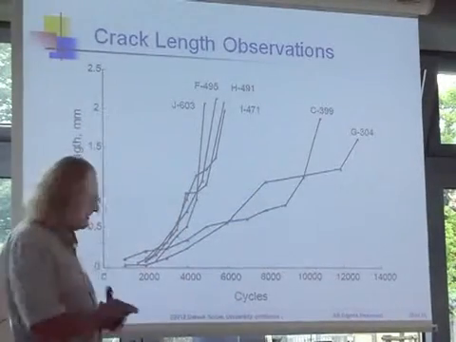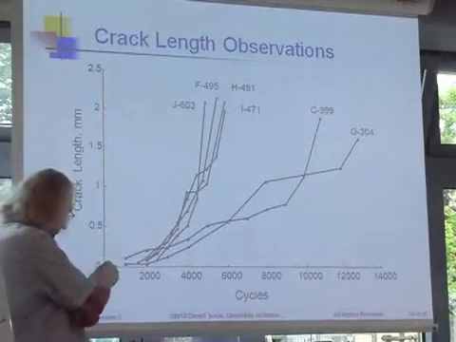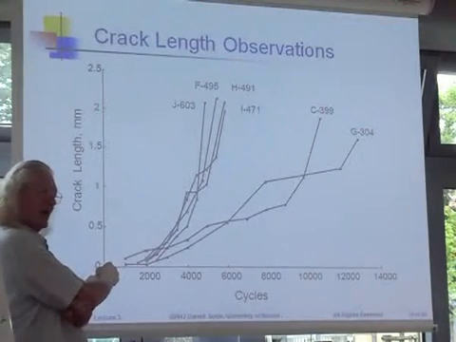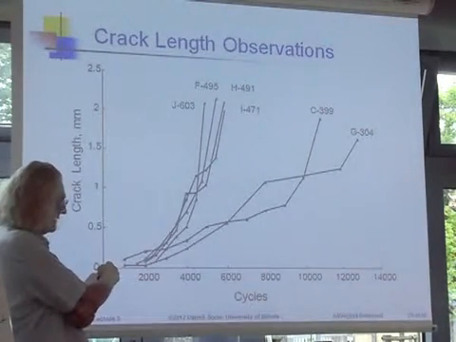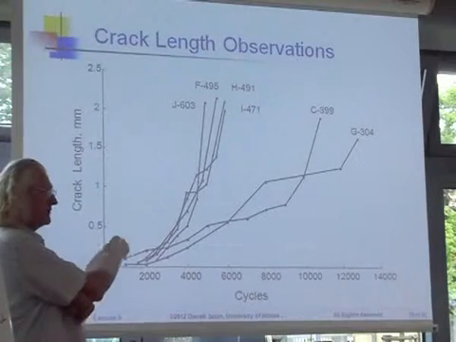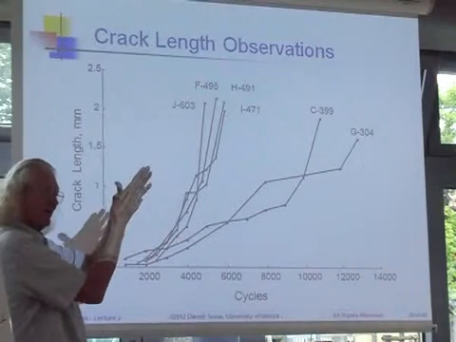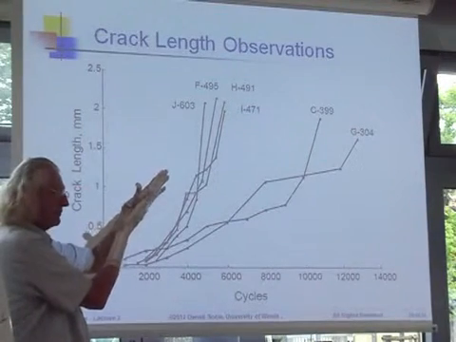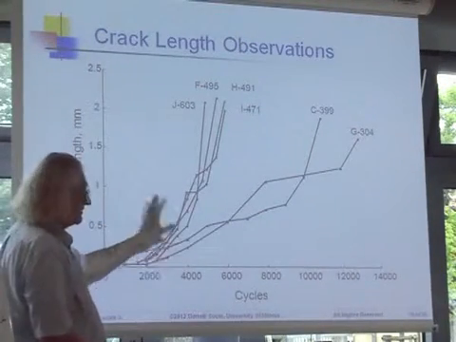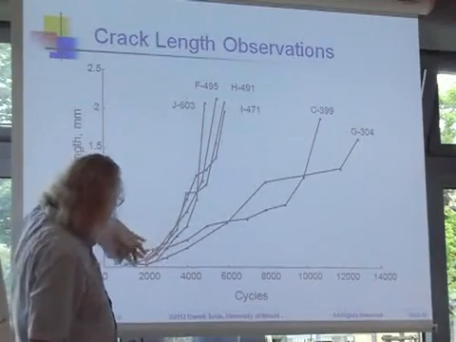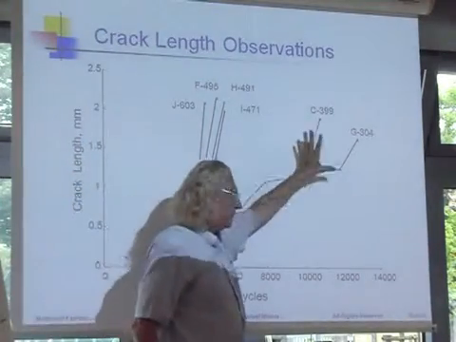If I define crack nucleation at about 10 microns, way down here someplace, that happens almost immediately in the lifetime, and there's almost no effect of this normal stress because it's down shearing. But as soon as the crack builds up a little bit of length, this normal stress either opens or closes that crack, and if there's not much normal stress, it grows very, very slowly.